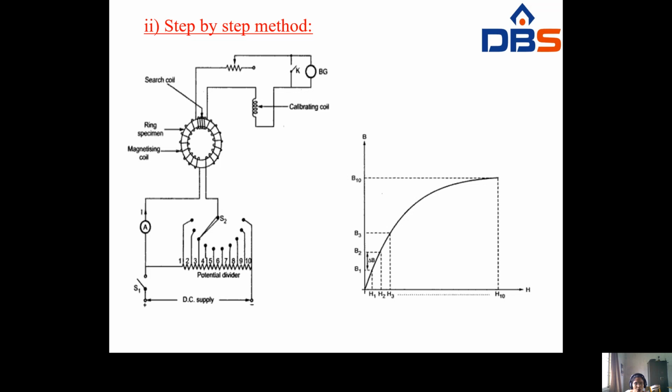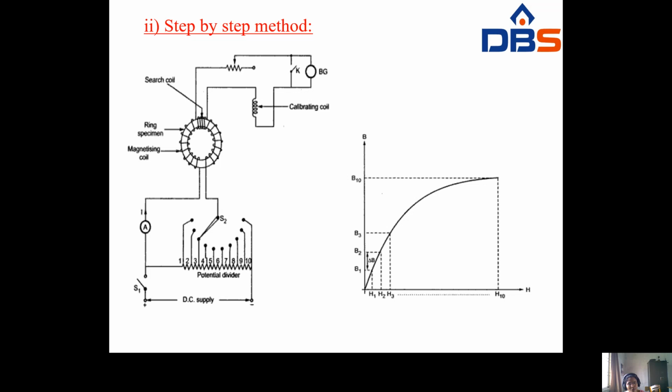And here this is a potentiometer, one switch K and a ballistic galvanometer. Here you have one selector switch, which is connected to the potential divider. This potential divider has 10 tappings, and the tapping position changes according to the deflection. So the selector switch goes to different tappings.